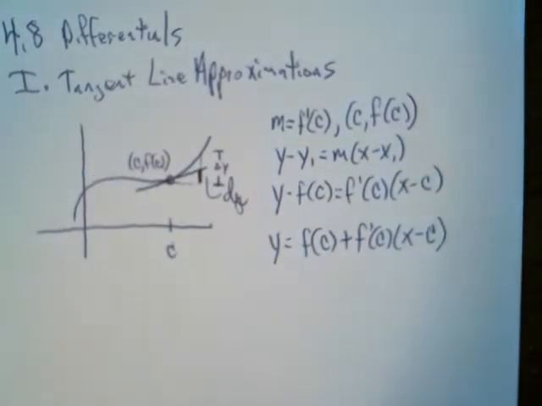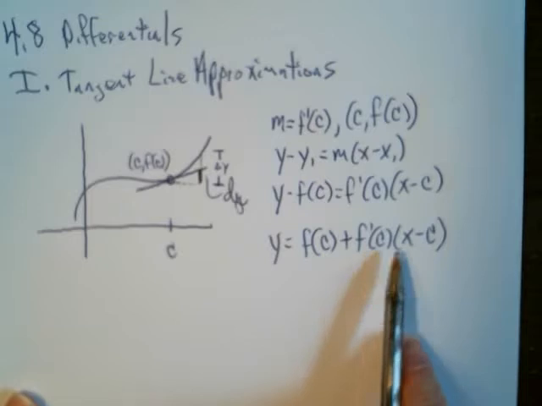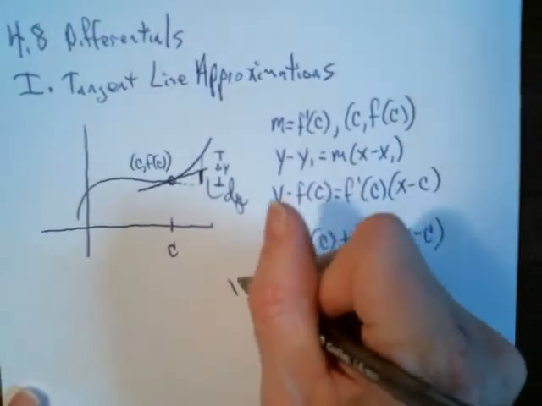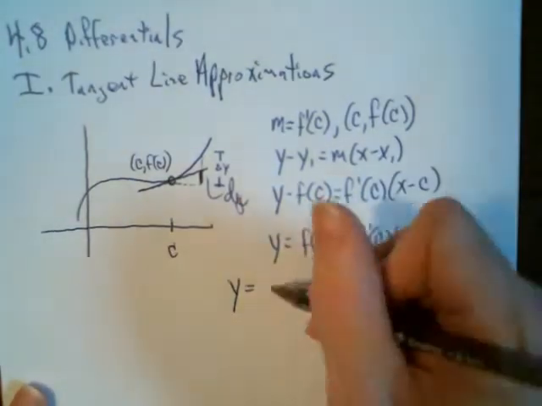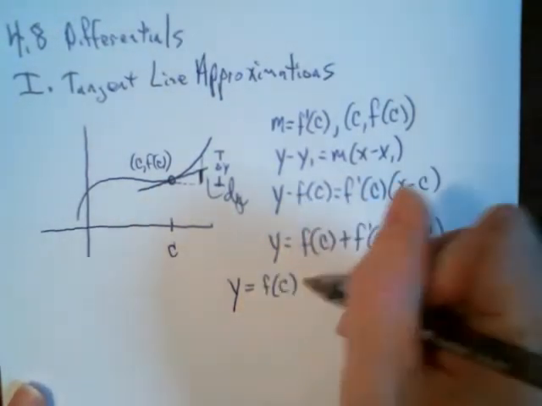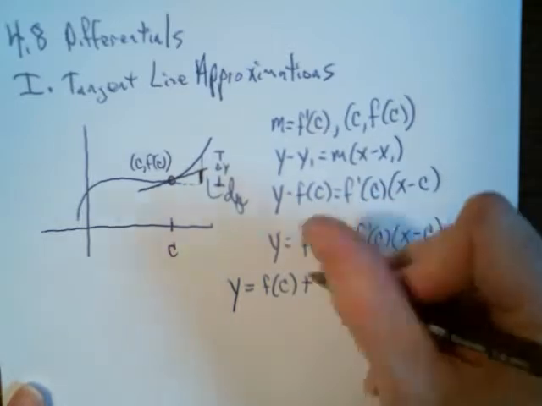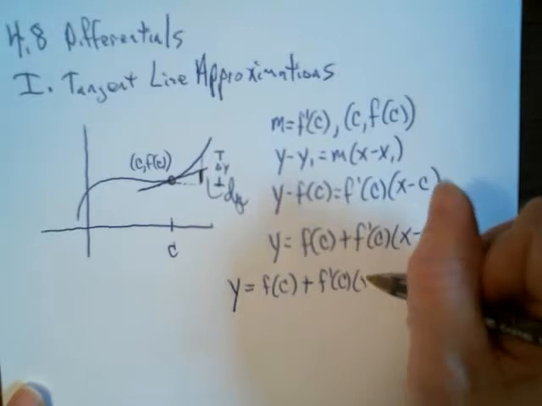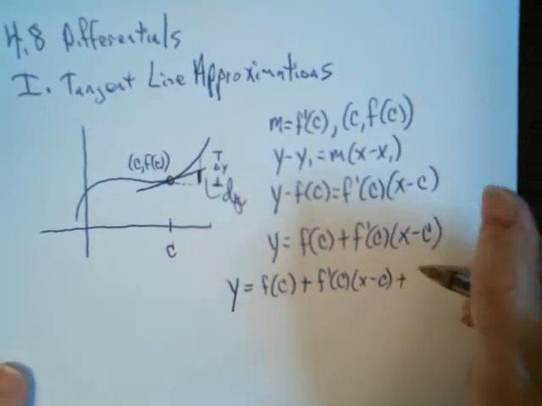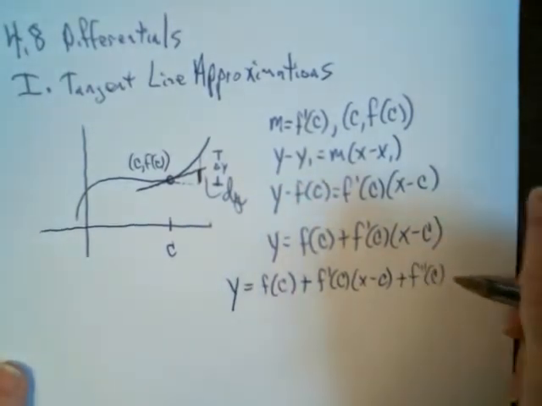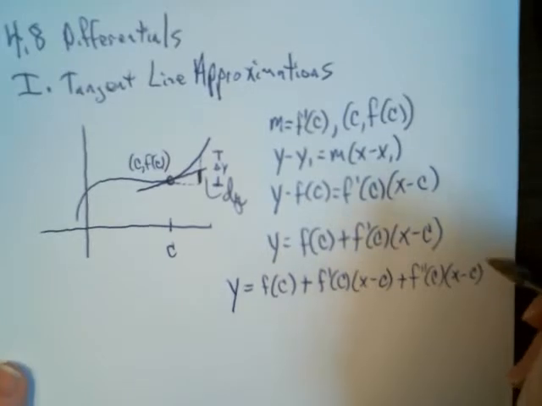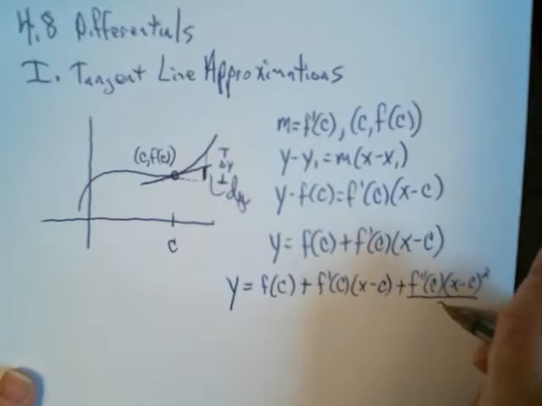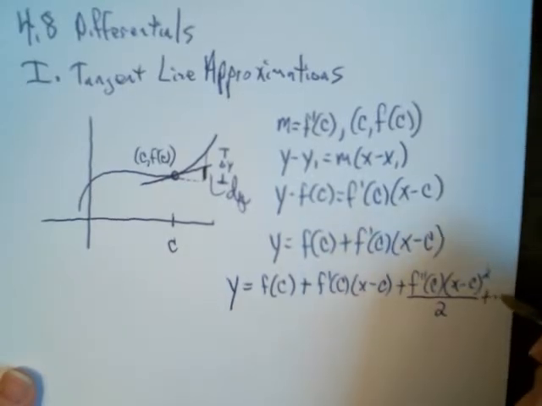And then there's a pattern going on here, which you can continue on, which you'll do once you get to Calc 2, which is kind of neat. So you would have something like f of c plus f prime of c times x minus c plus f double prime of c times x minus c squared, all over 2, and then plus on and on and on.